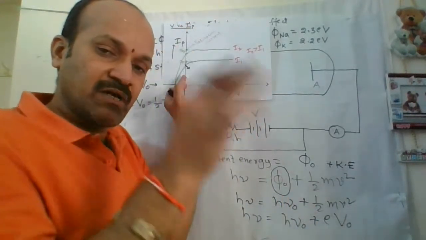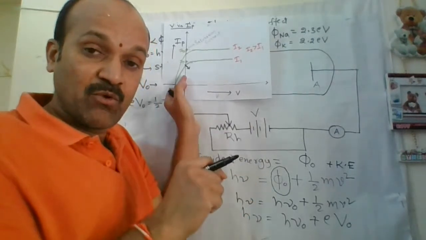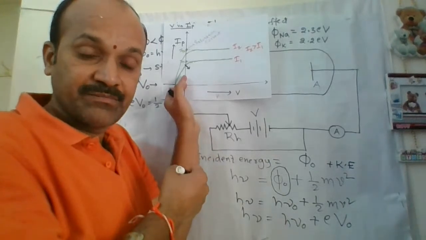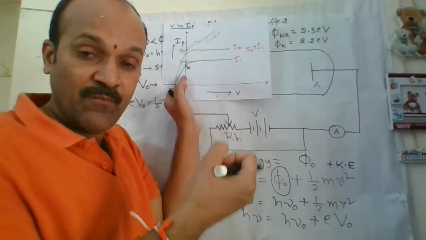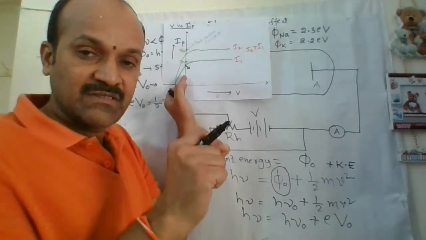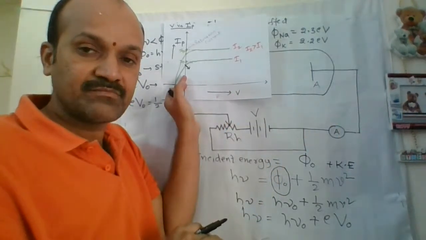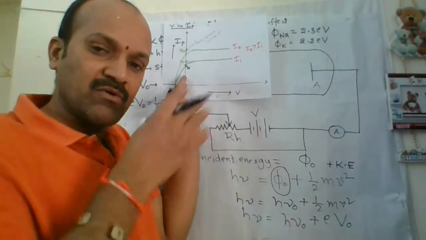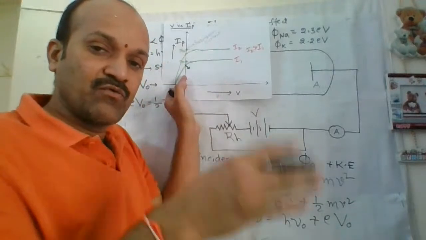You keep on increasing the potential, but if you don't increase the intensity of light, you cannot remove more electrons from the material. For that intensity, there will be some number of electrons that will come out if you keep on supplying the photon.